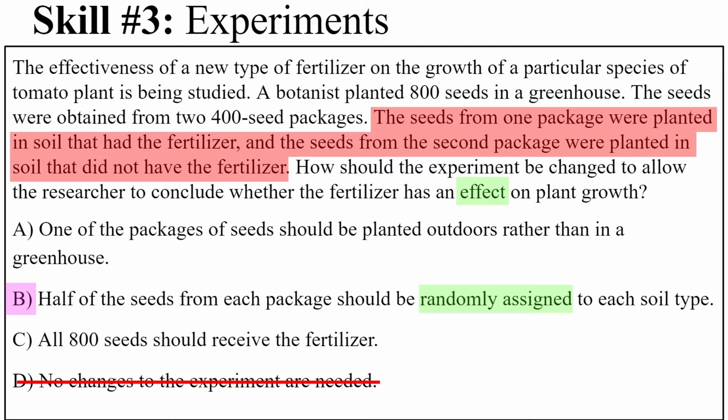Might seem like a silly thing, like, Kyle, what's the difference between two seed packages? Who cares? What if one of the seed packages is a dud and has many dead seeds in it? You might associate that with the absence or presence of the fertilizer, when really it was due to your poor experimental design.